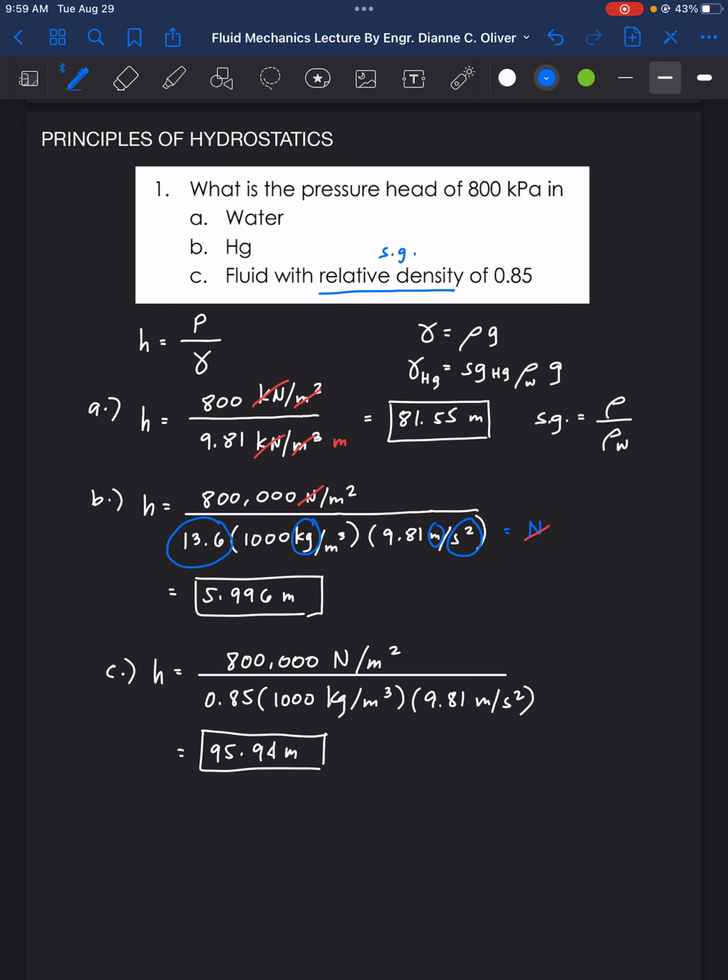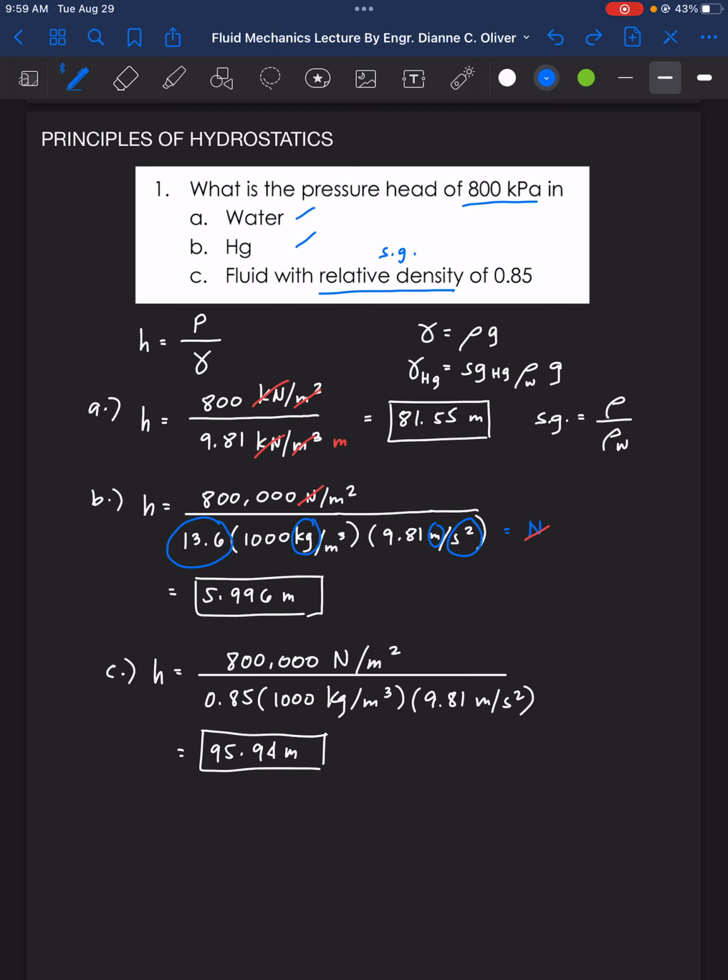So the pressure head of 800 kilopascal in water is different from the pressure head of 800 kilopascal in mercury. The difference here is the denominator, the unit weight. If we're talking about pressure head in water, your denominator should be the unit weight of water.